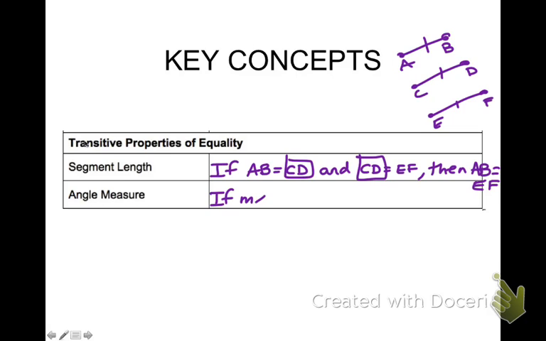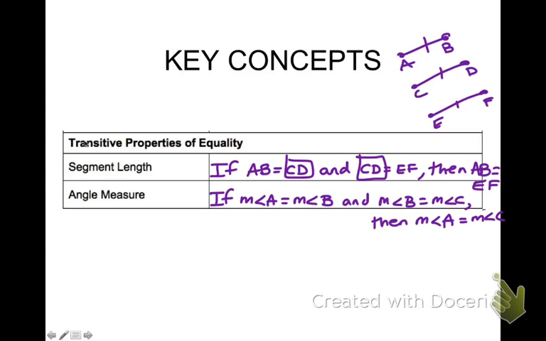So if the measure of angle A is equal to the measure of angle B, and the measure of angle B is equal to the measure of angle C, then the measure of angle A equals the measure of angle C. So they're both connected to B, which then makes A and C have to be the same.